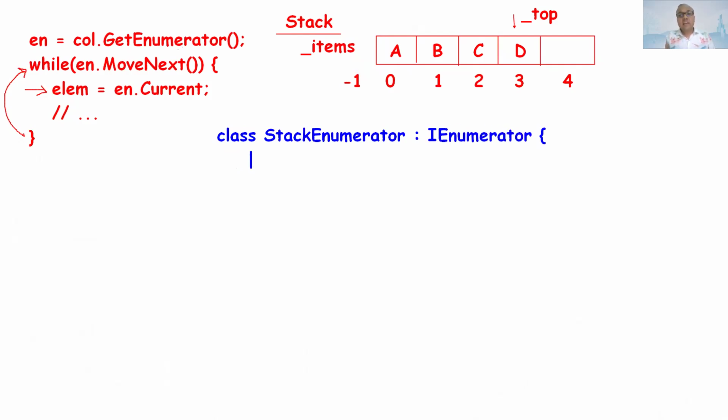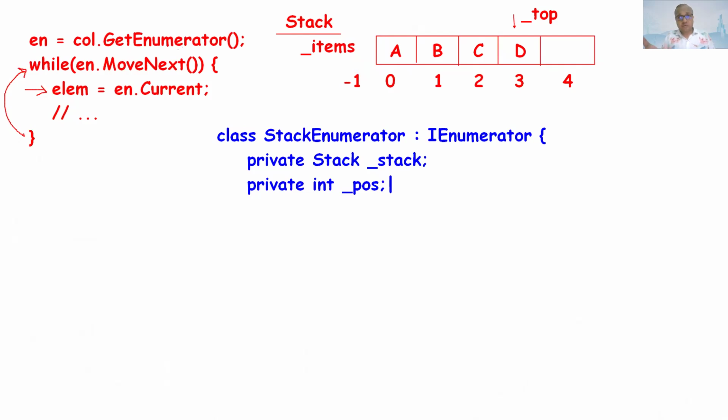Now, inside this, I want to keep track of the current position. And we need to also probably keep track of the collection that we are traversing. So typically, the data members that you will need are the stack, and another data member that I can use is the current position.